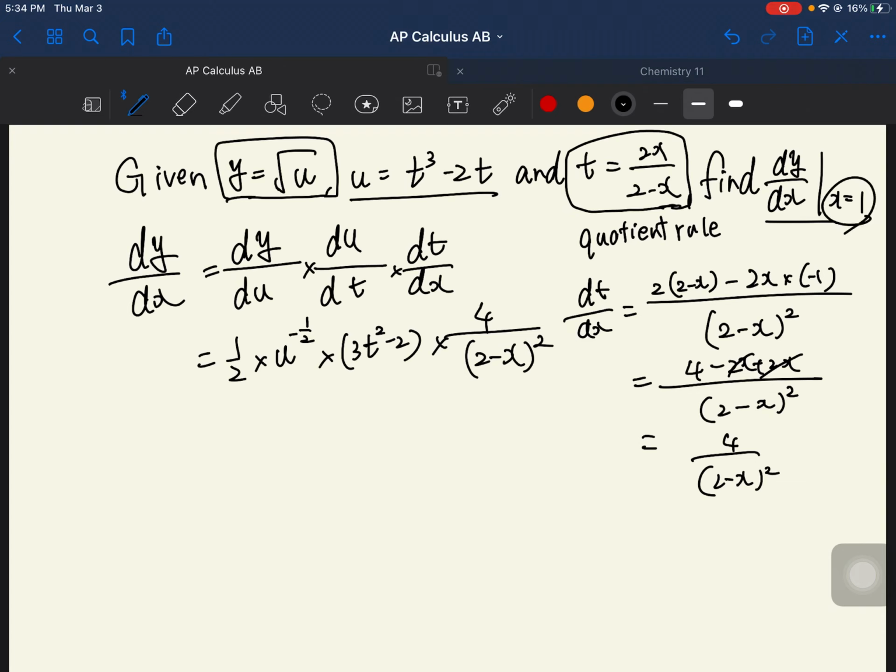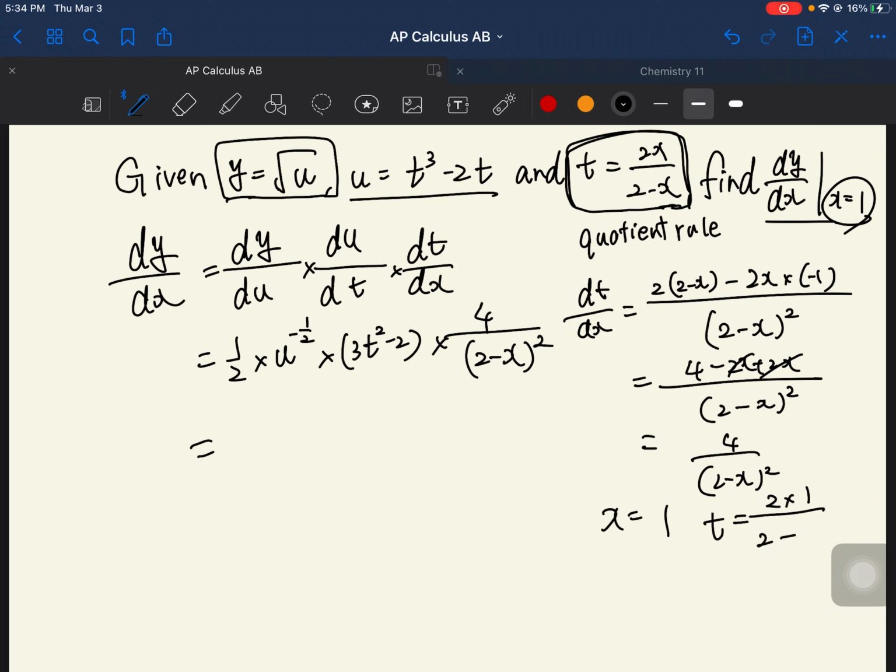Yes. Then again, you have to plug in 1 into this derivative function. So let me plug in. Again, x is 1, so this is okay.